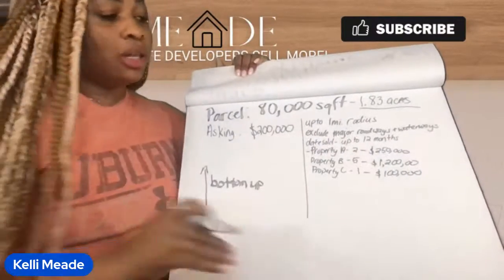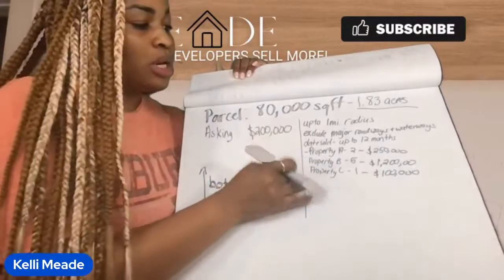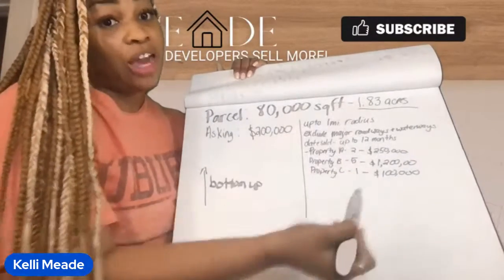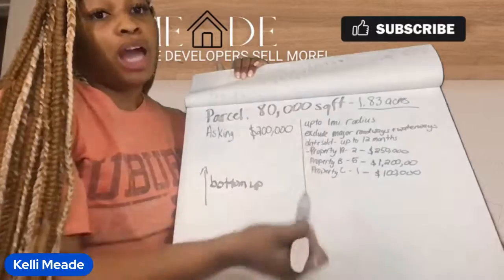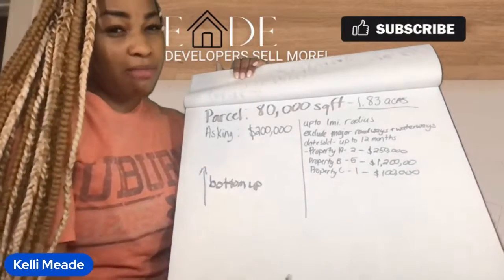With this information, we want to look at each one of these properties and divide by the acreage so we can get the price per acre sold. Does that make sense?